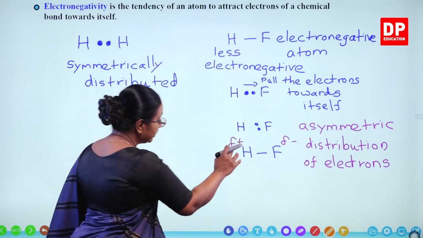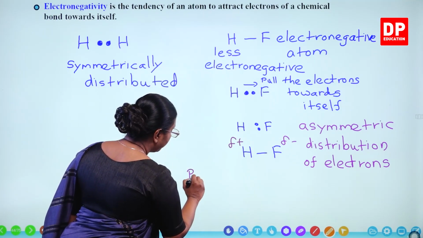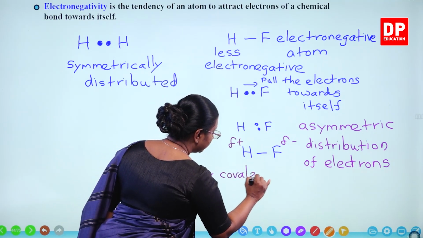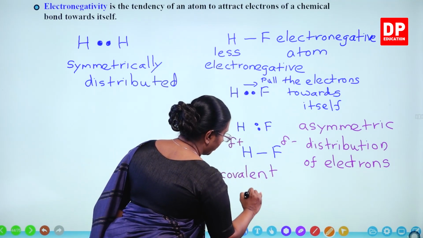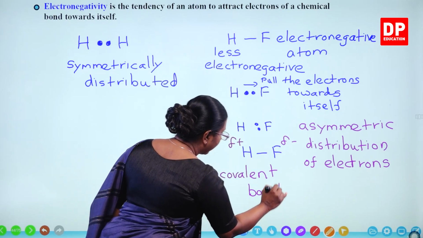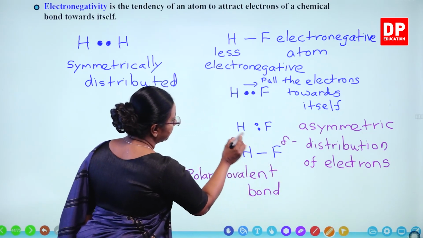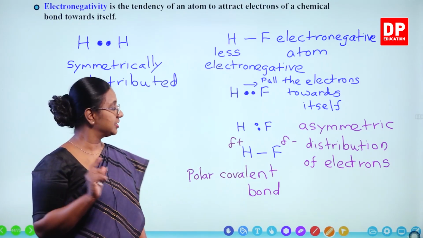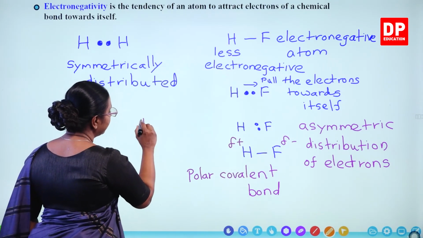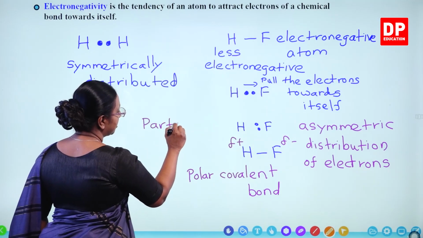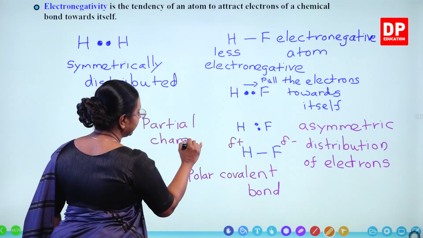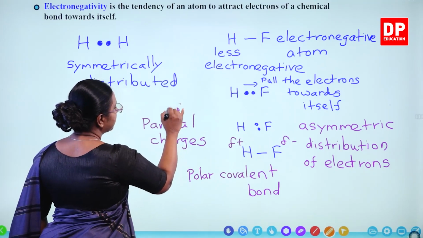Then this bond is a polar covalent bond. Why? There are two poles, the positive pole and the negative pole. Those are the partial charges. Remember students, these are partial charges. That's very important.